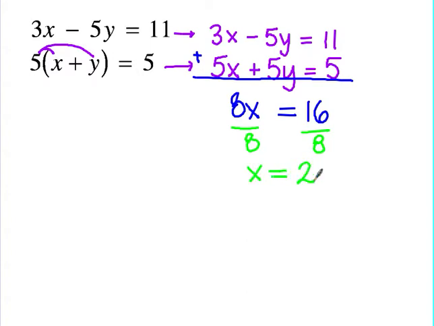Now once again, it doesn't matter what equation you plug in. I would probably plug into the top equation though, just because I haven't done any work on that. So I've got 3 times 2 minus 5y equals 11. 3 times 2 is 6.